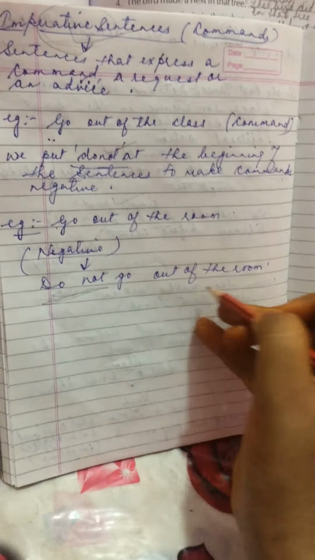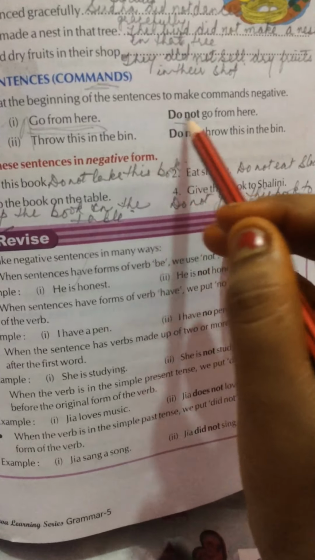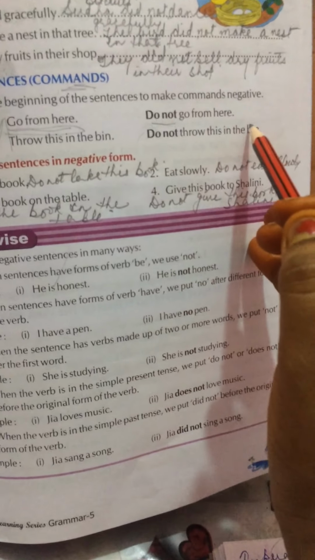Now, same as is told in the book also, children: imperative sentences, that is commands. Example: go from here. You have to add do not before the sentence: do not go from here.